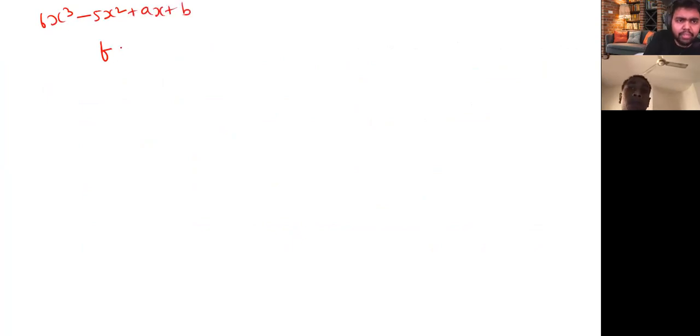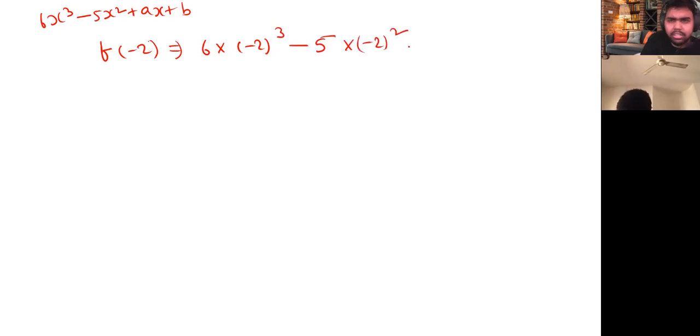Now I have to put -2 in the first case, and that would give me 0. Put 6 multiplied by -2 cube, minus 5 times -2 square, plus a into -2, and then plus b. This whole thing will give me 0 because this was the factor.